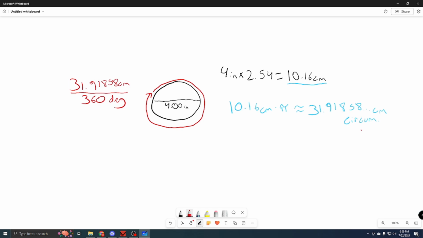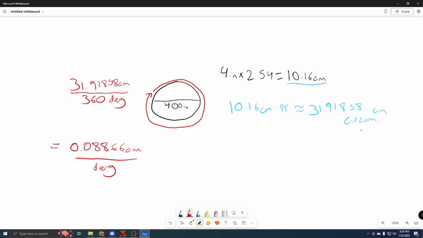Seeing the unit makes it easier when you're doing math with it. So 31.9185 centimeters over 360 degrees. If we simplify this, which means just divide the top by the bottom, you are going to get 0.08866 centimeters per 1 degree.